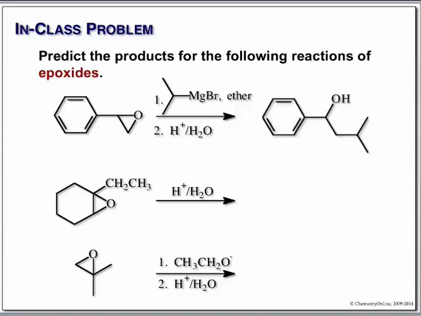All we've done is take the isopropyl group, add it to this carbon, we ring open, this is now the alcohol, and this guy here is the bond we just made. We've added the isopropyl group, and these two were the carbons of the epoxide.